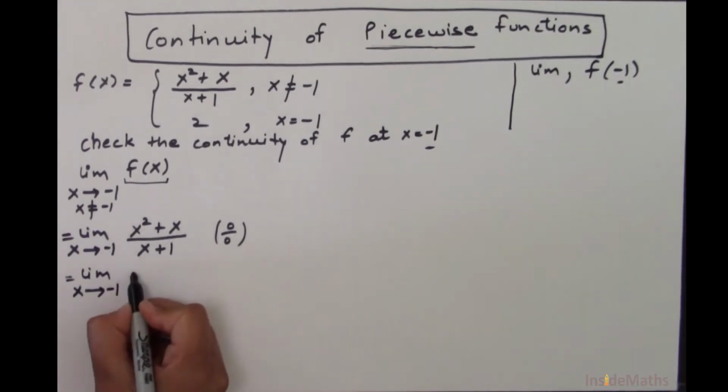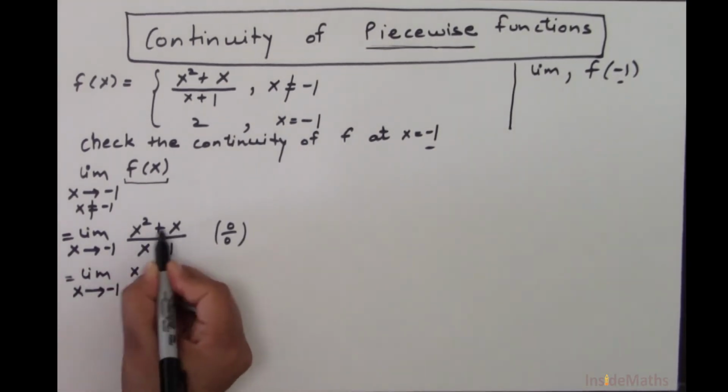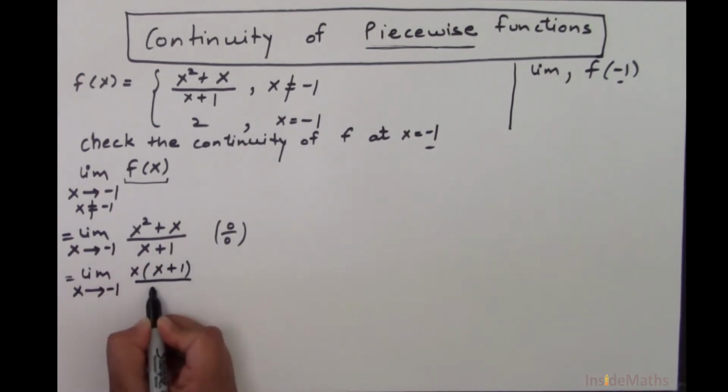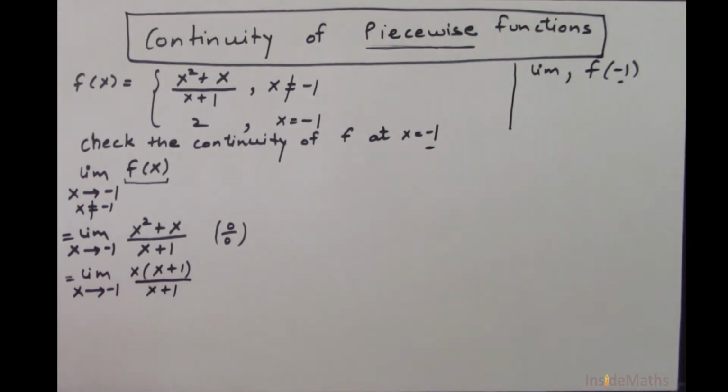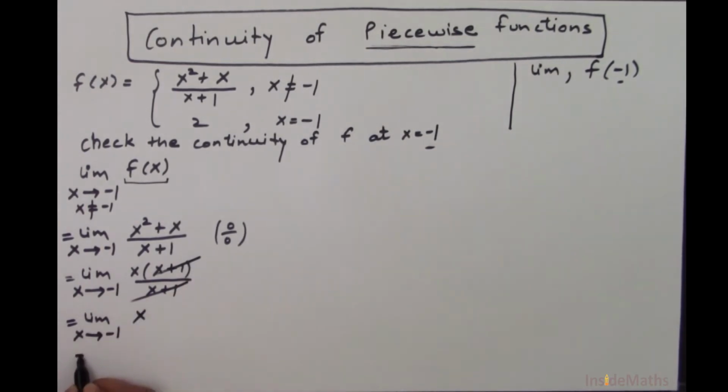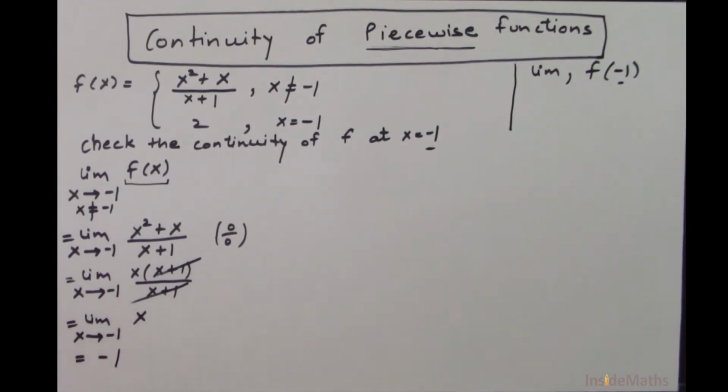So if I take x common in numerator, what do I get? X into x plus 1 divided by x plus 1. Now I can cancel the like terms, as here x is not equal to -1. So I can cancel out these terms. So what do I get? X approaches to -1 x after cancelling these terms. Now I can use the direct substitution method here, so I get -1.